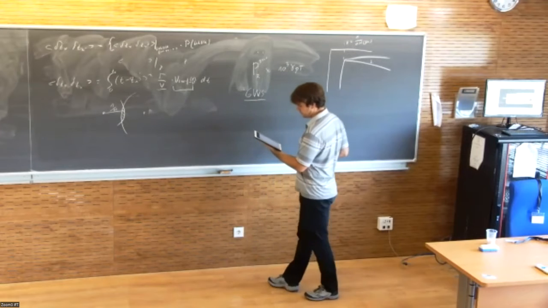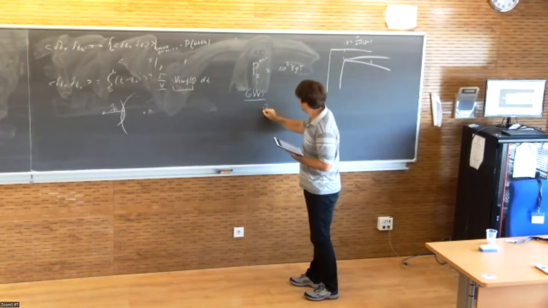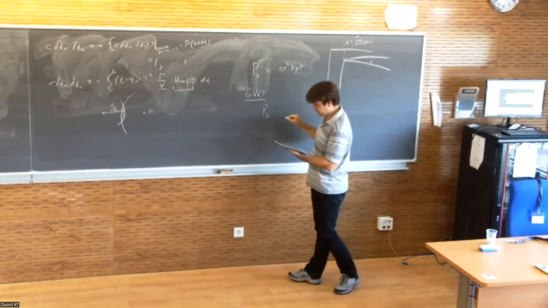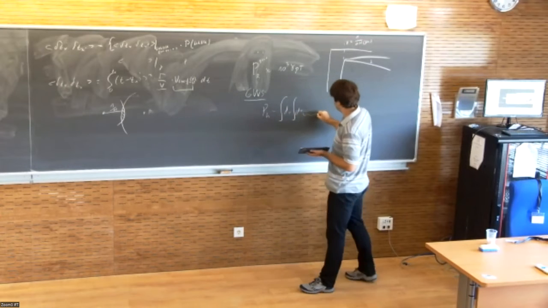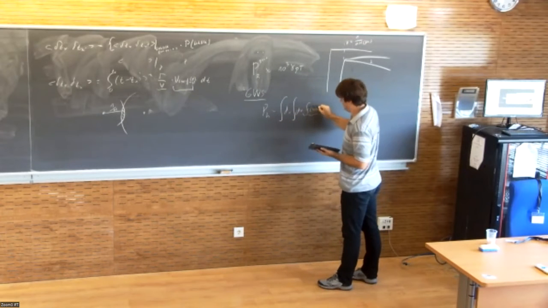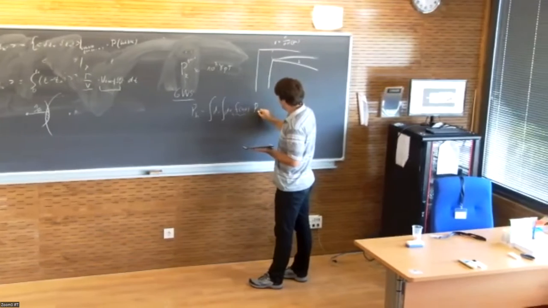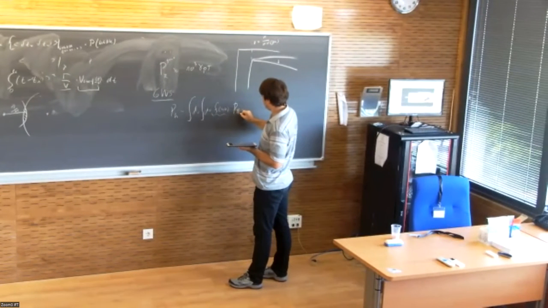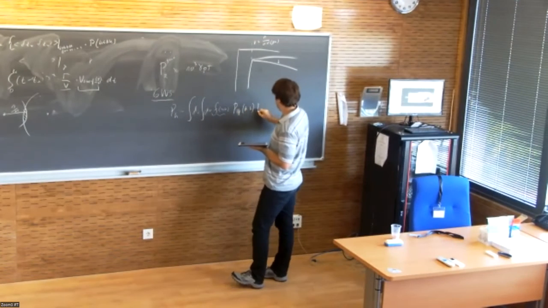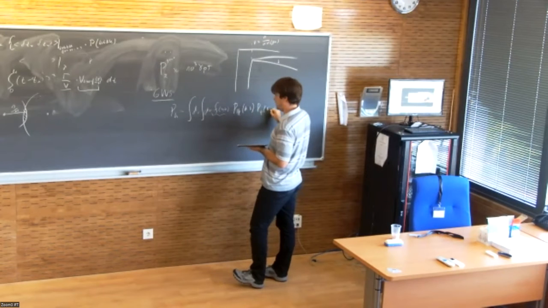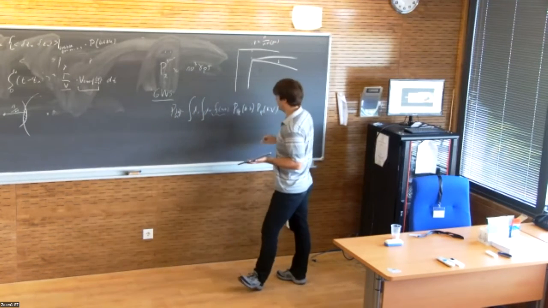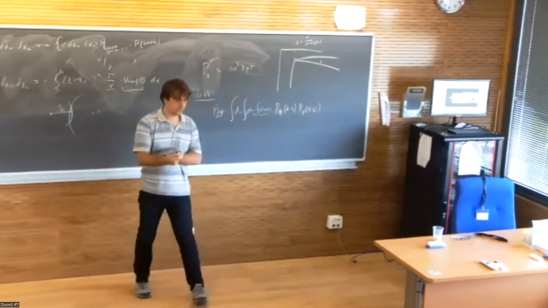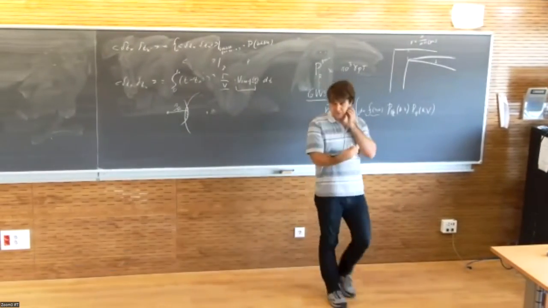So the power spectrum of the gravitational waves is just du dv, some function of u and v, times P_R of ku, P_R of kv. So we see this is secondary production of these gravitational waves.